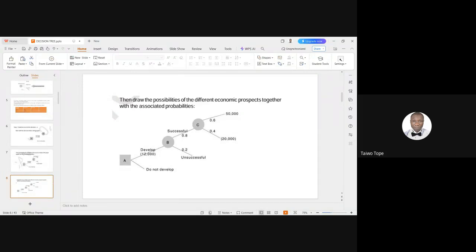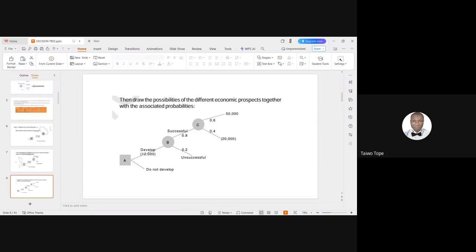So when you do plus and minus at point C, what will be your decision? 22,000. At that point, that will be the result: 22,000.